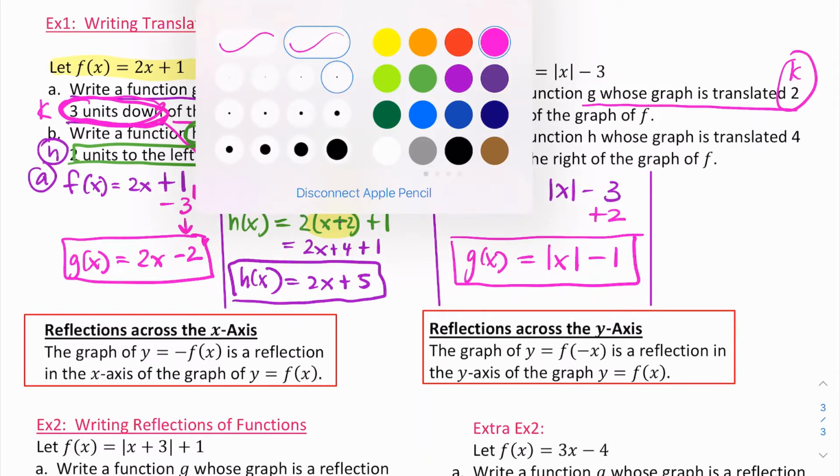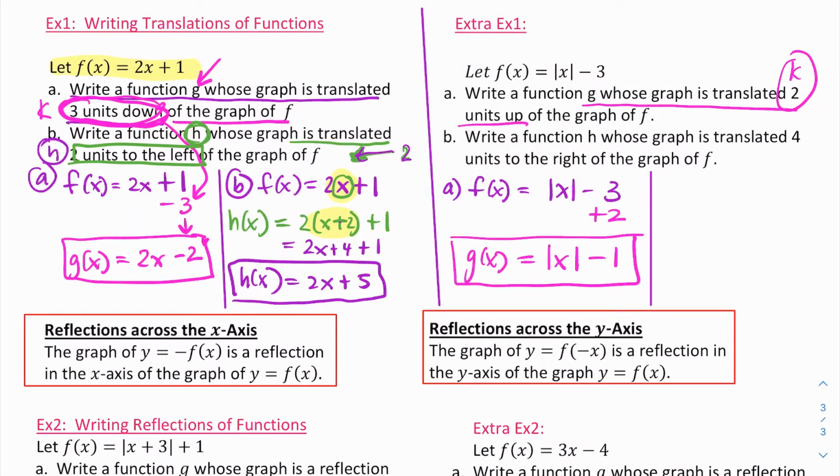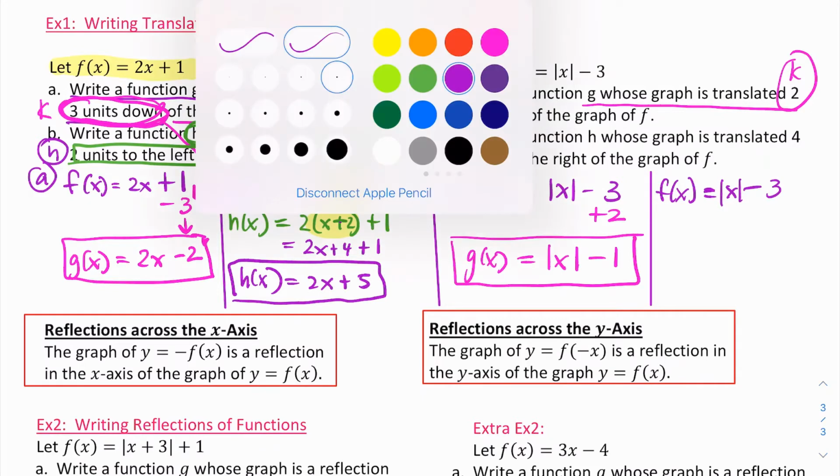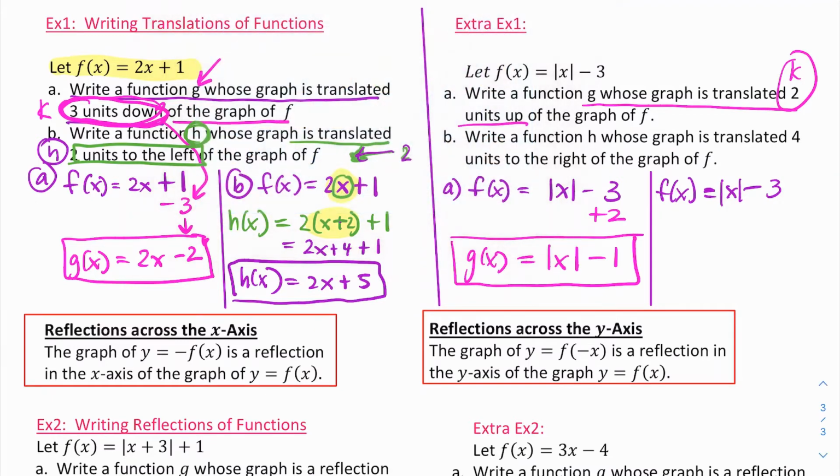For the next one, we still have the f of x function that we start with, which is the absolute value of x minus 3. For the second problem, they would like us to go 4 units to the right. So that's h.